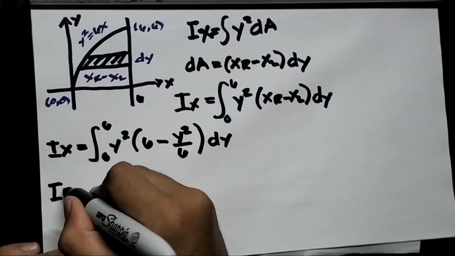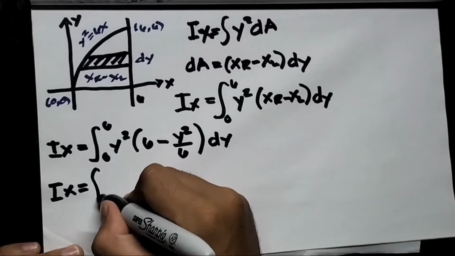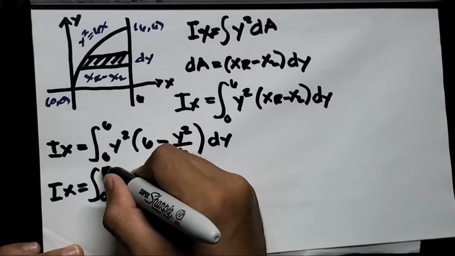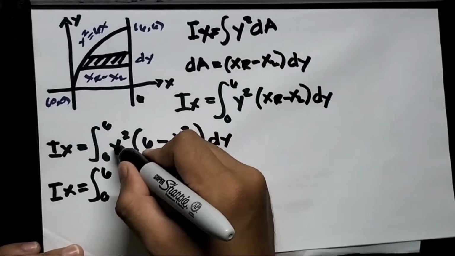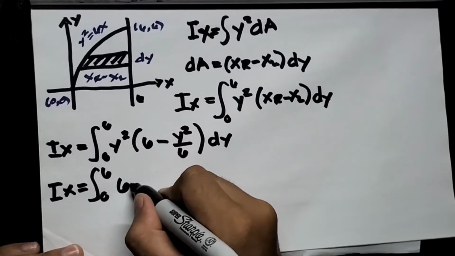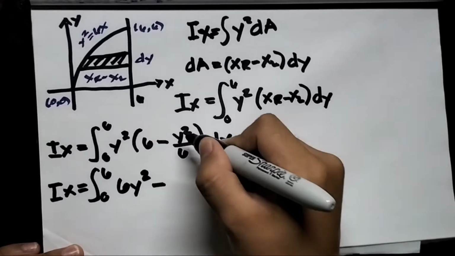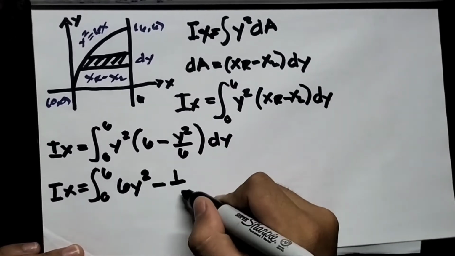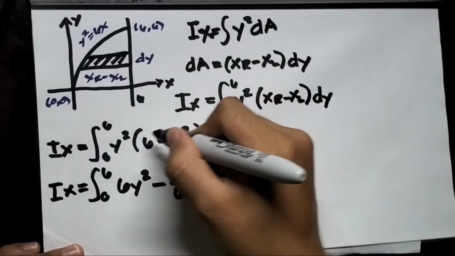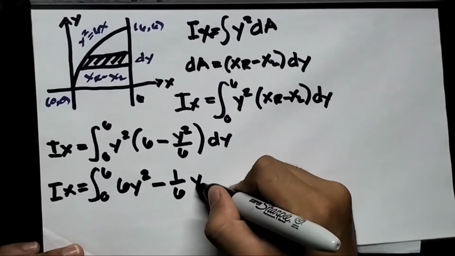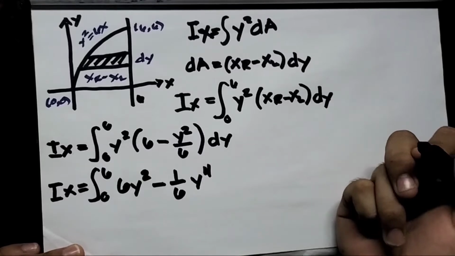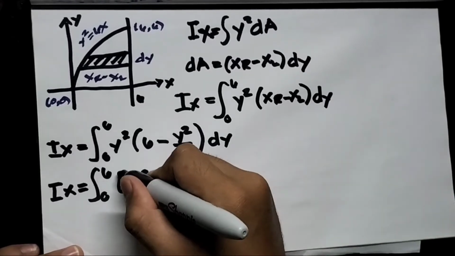So Ix is equal to the integral from 0 to 6 of 6 times y squared, which is 6y squared, minus 1 over 6 y squared times y squared, which is y raised to 4, dy.